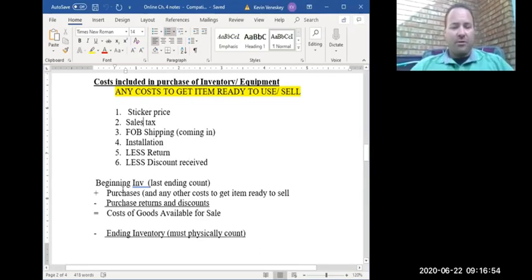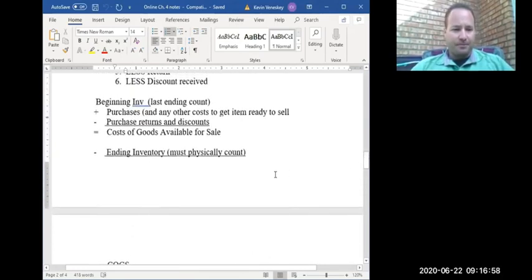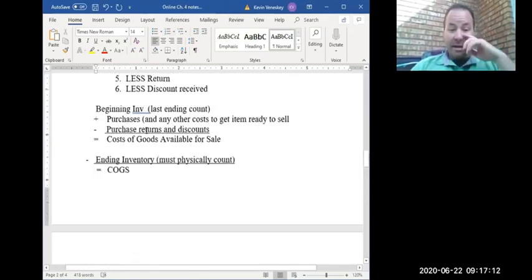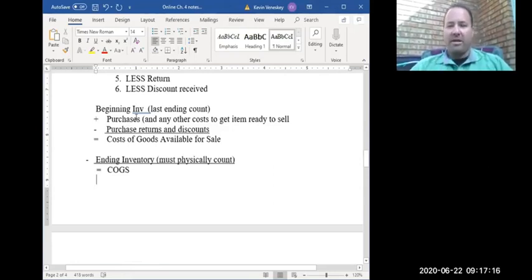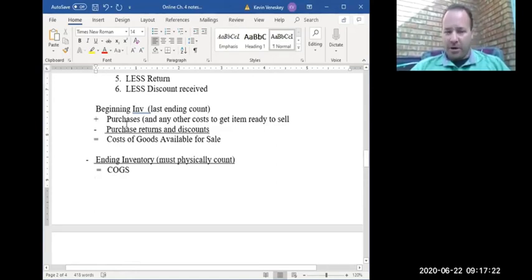So just to give you a little breakdown of what the formula looks like. We have our beginning inventory, whatever we ended at with the end of the last day or the last week. How much do we have to start out with? Plus, on a little side, we're going to jot down how much we bought. So that includes any other cost that gets the item ready to use. That includes shipping, installation.